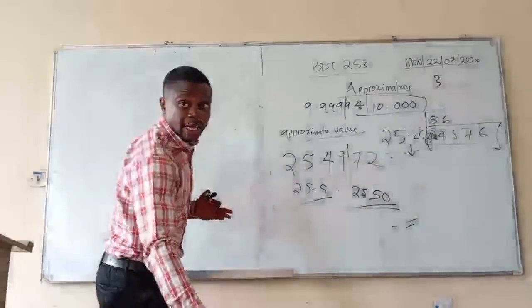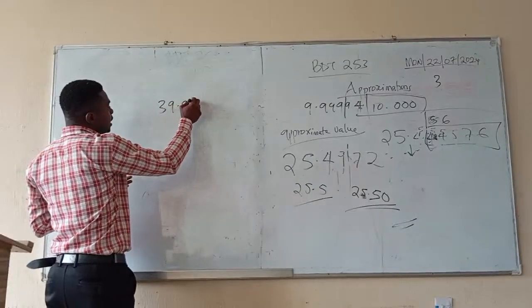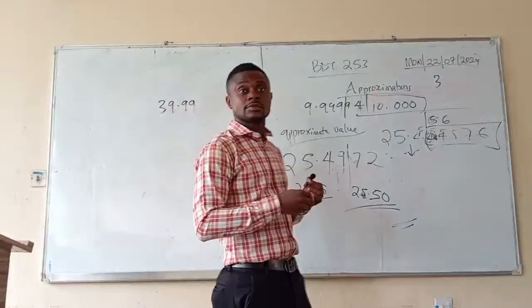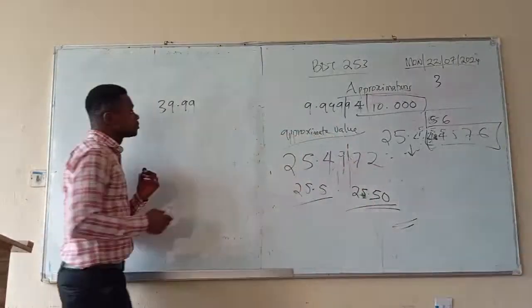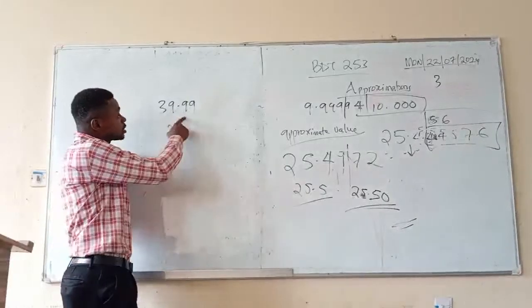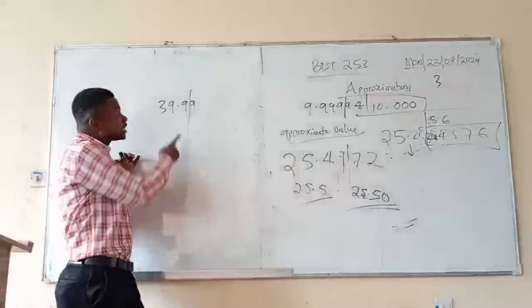All right, so 39 point what? 39.9. So we should do what? Nearest what? What is tenth here? Let's start from tenth. Where will tenth stop? Here, right? Have you seen that?